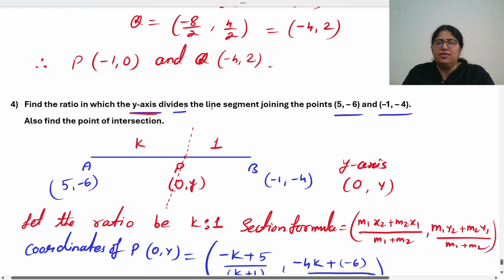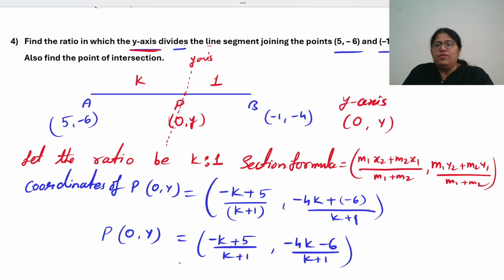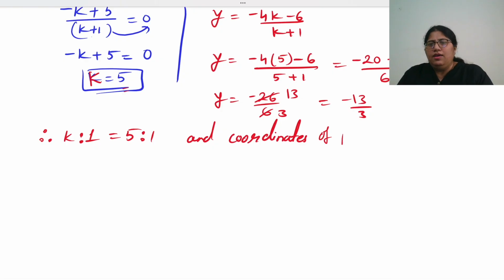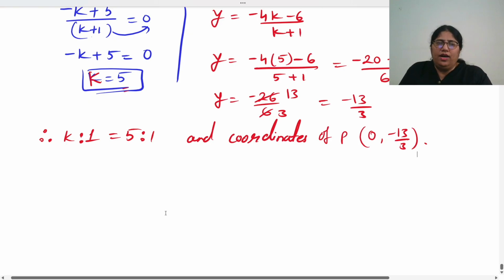See the y-axis, this is your y-axis, dividing this line segment into k is to 1 ratio. So what is going to be the coordinates of P? It is nothing but 0 comma minus 13 by 3. So here you are finding the ratio as well as coordinates, right? By using the given value. So here also again section formula.